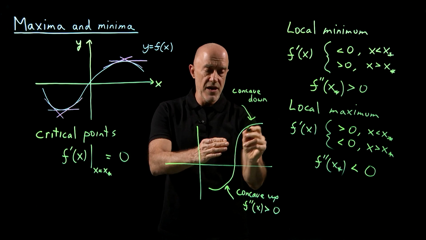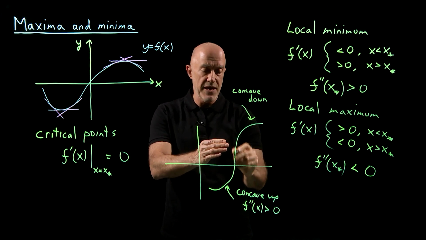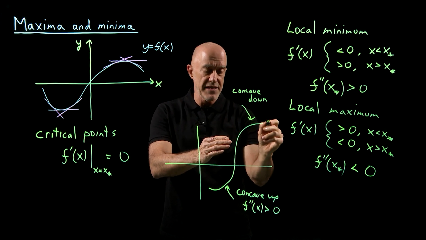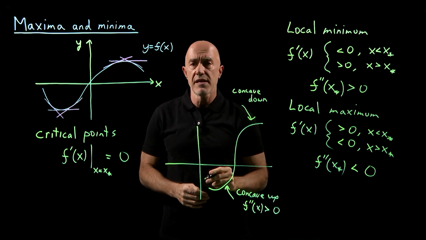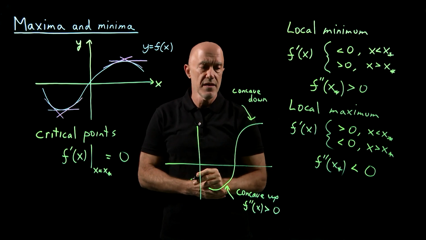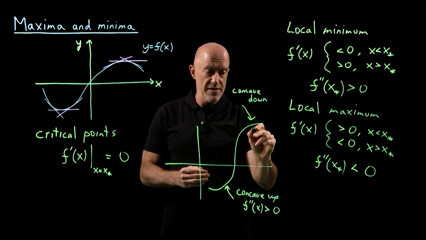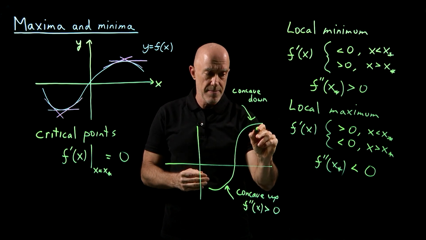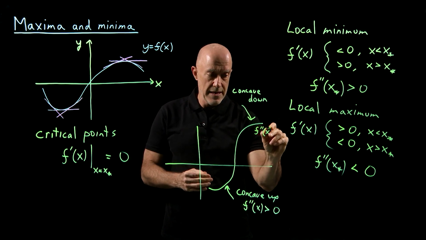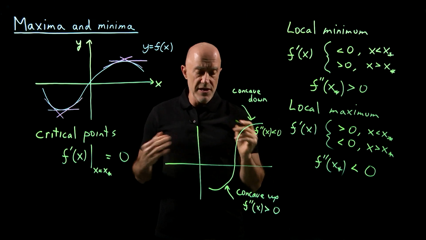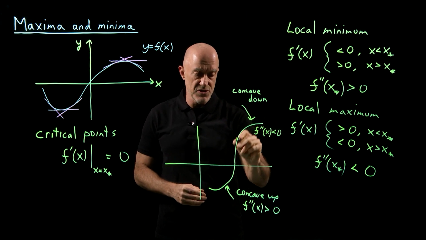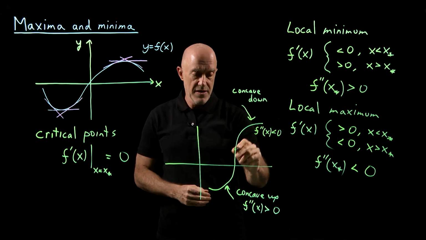The derivative here is steep, but then it's becoming less steep as we go up. So the slope is decreasing, and that means the second derivative here is negative. So there's a special point here, which is the transition from concave up to concave down, somewhere over here.